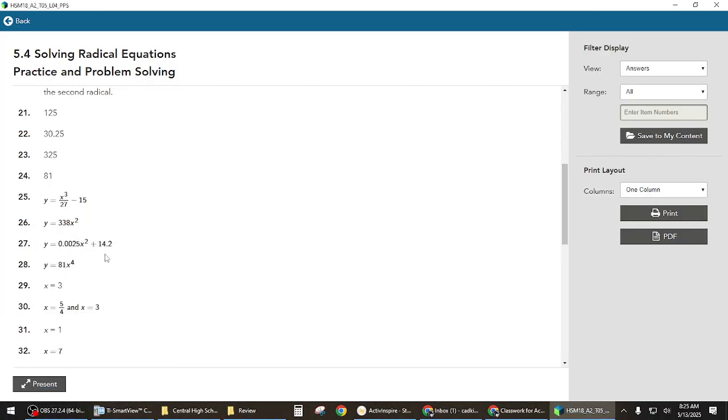So 22, 30.25. 24 was 81. 26, 338 x squared. 28, 81 x to the 4th. These are y equals, I haven't said that, but 30, x is 5/4 and x is 3. 32, x is 7.